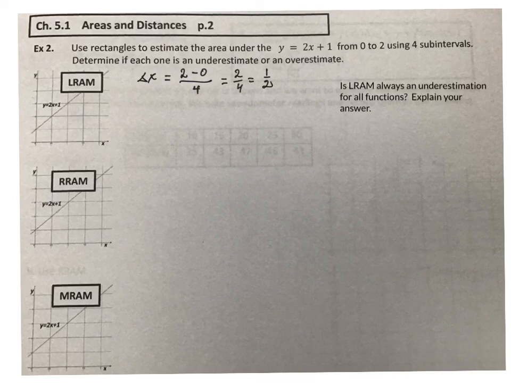When you're done with your calculation, I would like you to answer this question. Does the left rectangular approximation method always give you an underestimation for all functions? And explain your answer. Good luck on your homework, and I will see you in the next video.